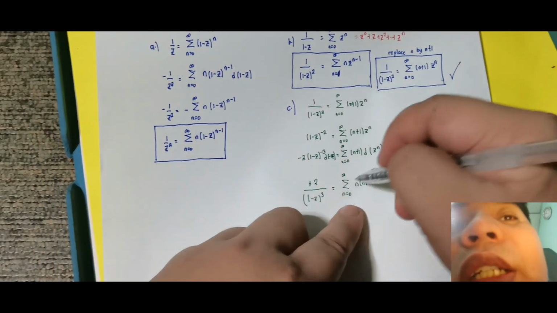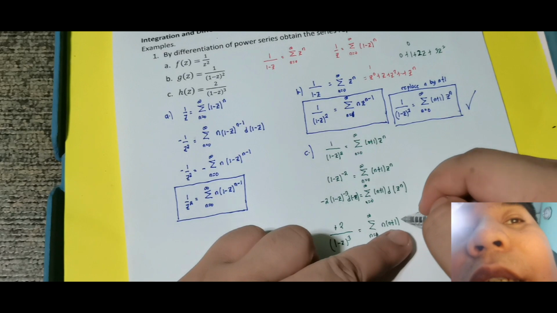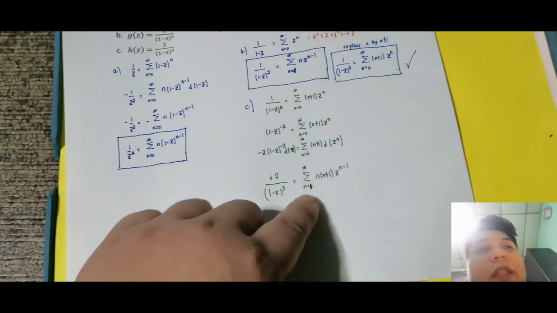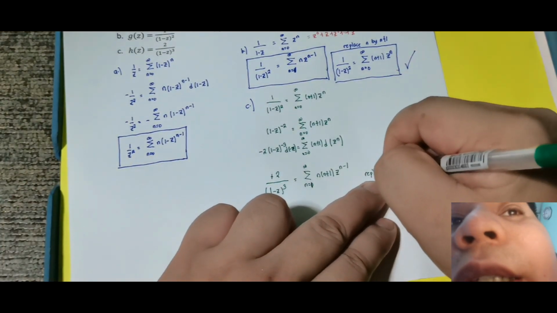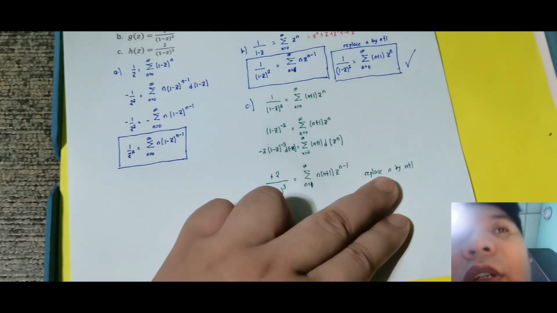So that is, for n equals 1 ulit. Pagbaba niya, so that is z raised to n minus 1. Since 0 term ulit yan, re-replace natin ulit yung n by n plus 1. Okay, so replace again. So replace n by n plus 1. So pansinin mo yung mga observation doon.